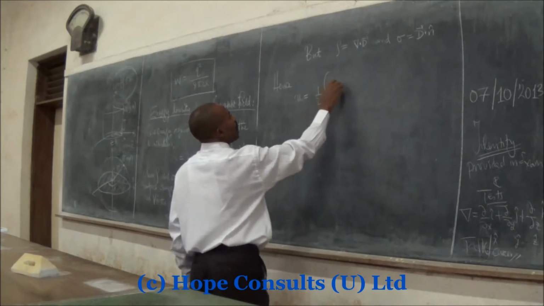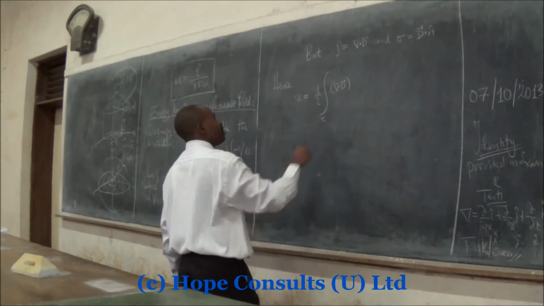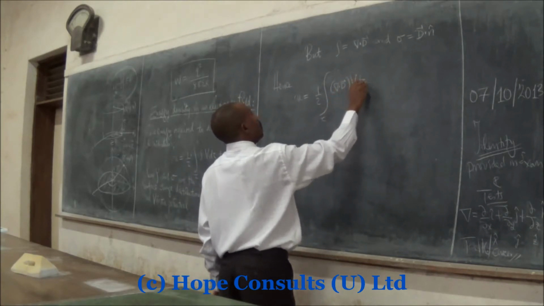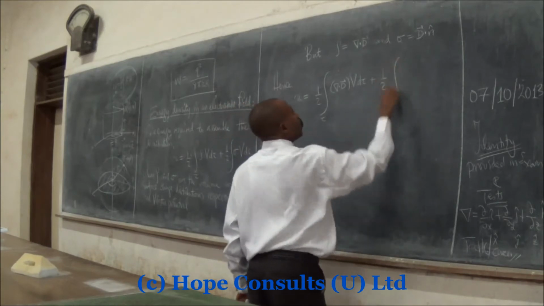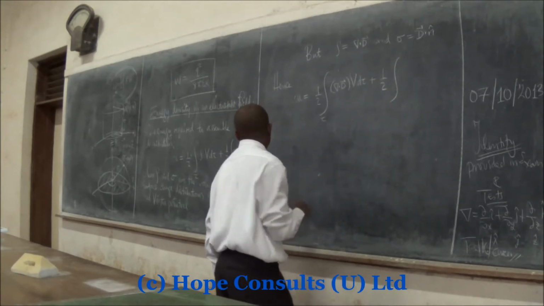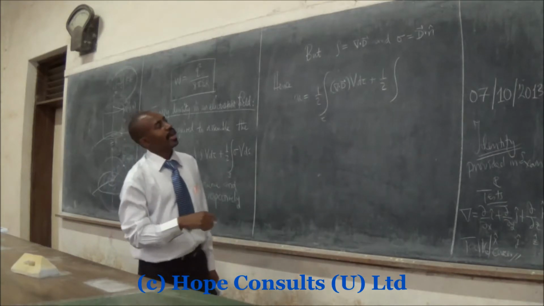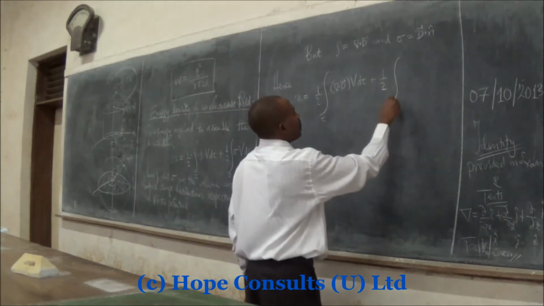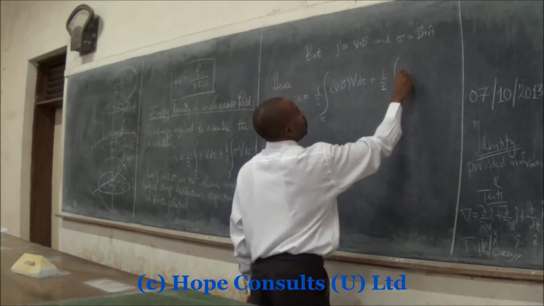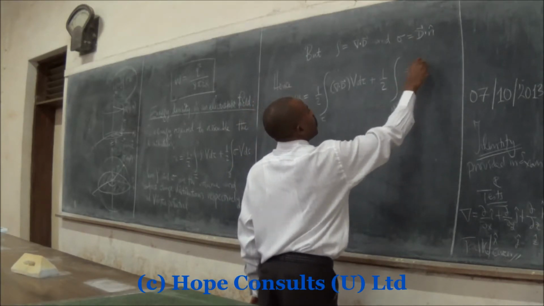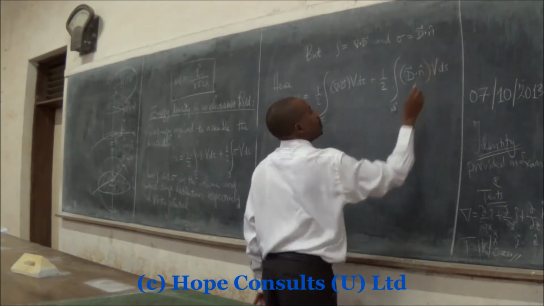Rho is now divergence of D, and then our V, d tau, and then we are adding on a half integral over the surface S, and instead of our sigma, we put in our D dot N, and then we have our V, dS.